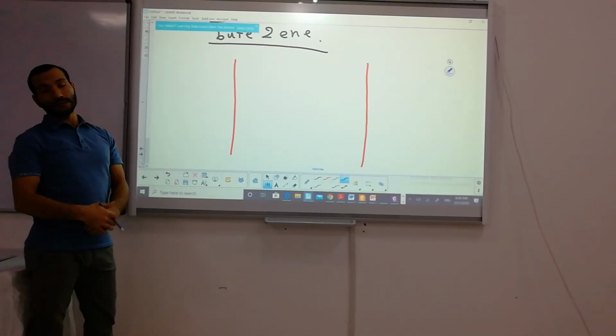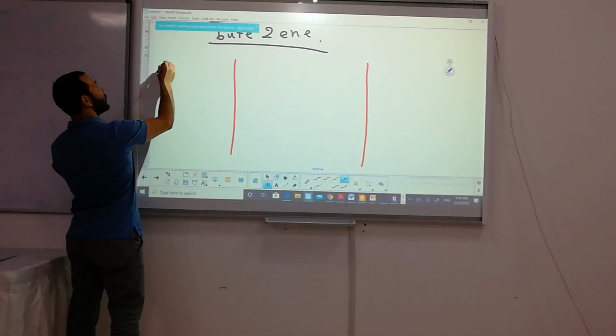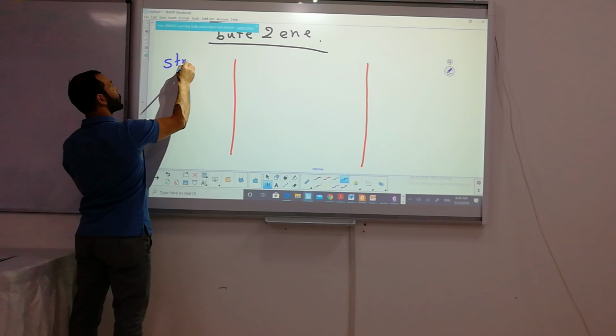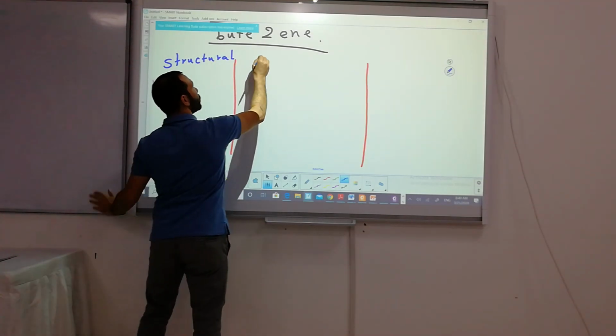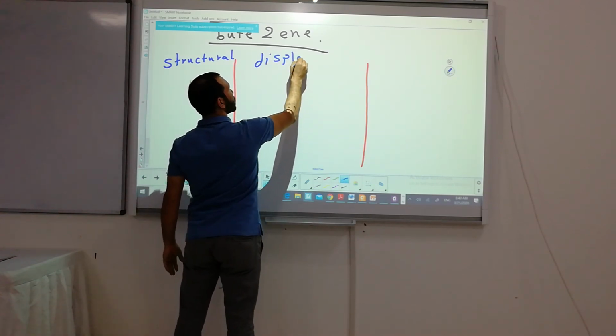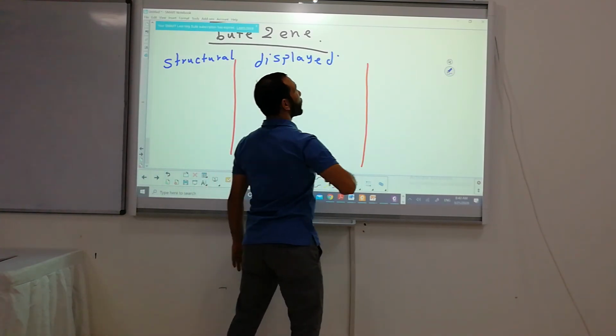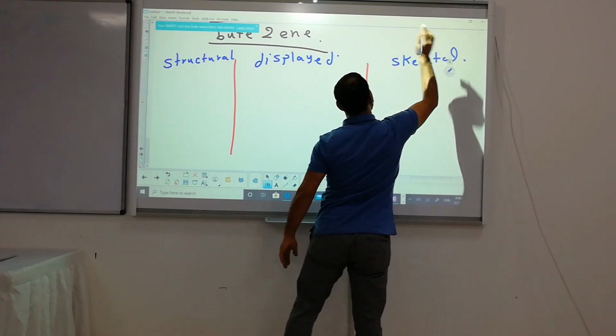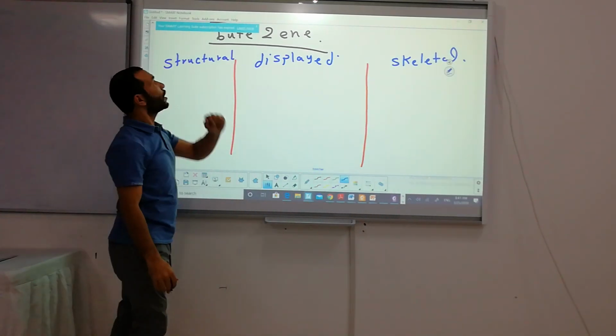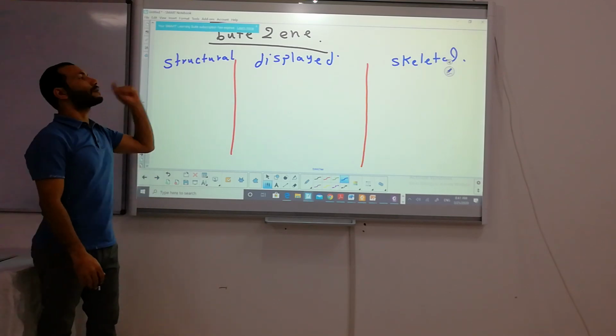The first one, if we need the structure. Number two, displayed. Number three, skeleton. At first, we will start with the structure.